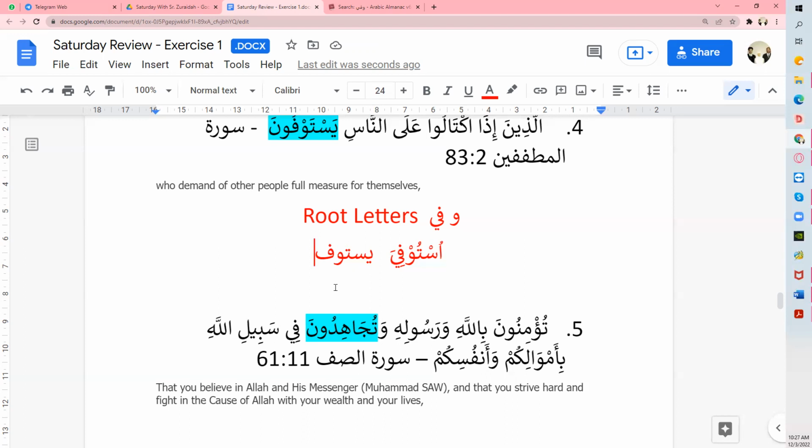This is the special thing about nakis. You end with an alif maqsura. So we can't have that u sound at the end that we usually have with our mudari, our present tense. Yustufa. Does it only apply for nakis? Yes, it only applies for nakis.